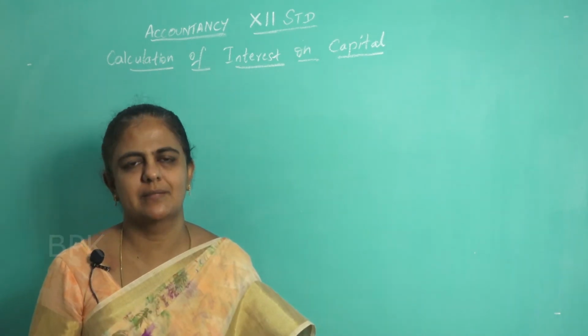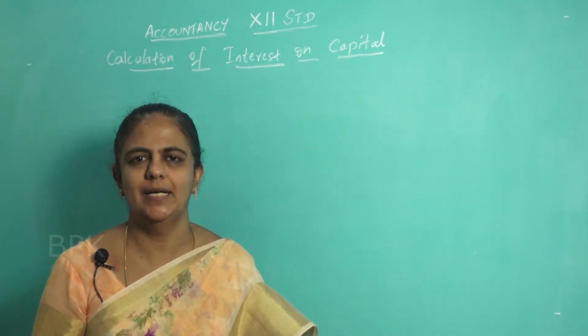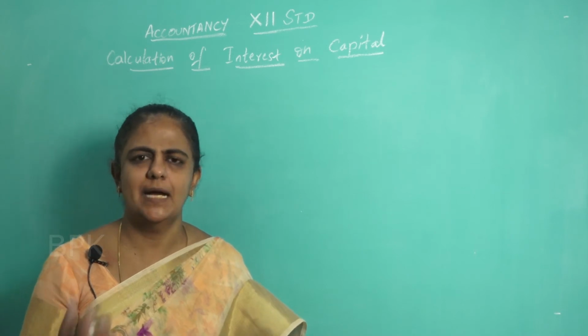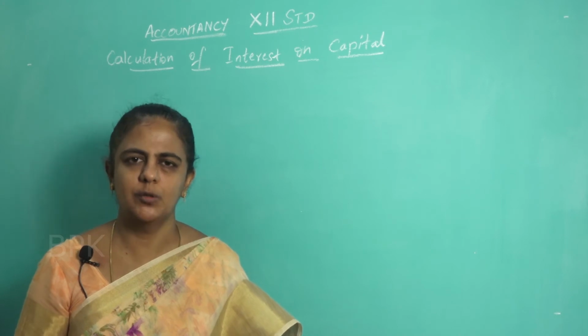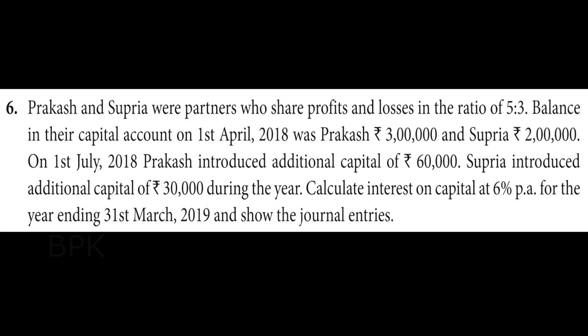Sum number 6, how to calculate interest on capital. First I'll read out the question for you. Watch the screen, understand the question, then we'll move on to the sum. Question number 6, page number 114. Prakash and Supriya were partners who share profits and losses in the ratio of 5:3. Balance in their capital account on 1st April 2018 was Prakash rupees 3 lakh and Supriya rupees 2 lakh.